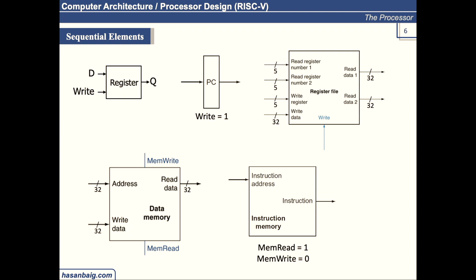But assume that this instruction memory block will only contain instructions. So the MemWrite signal will always be 0 because we are not writing anything in this instruction memory. During the execution of a program, we will only be reading instructions one by one. And how do we read them one by one? With the help of that program counter. It will keep incrementing. After reading one instruction, it will increment by 4 and then again by 4.